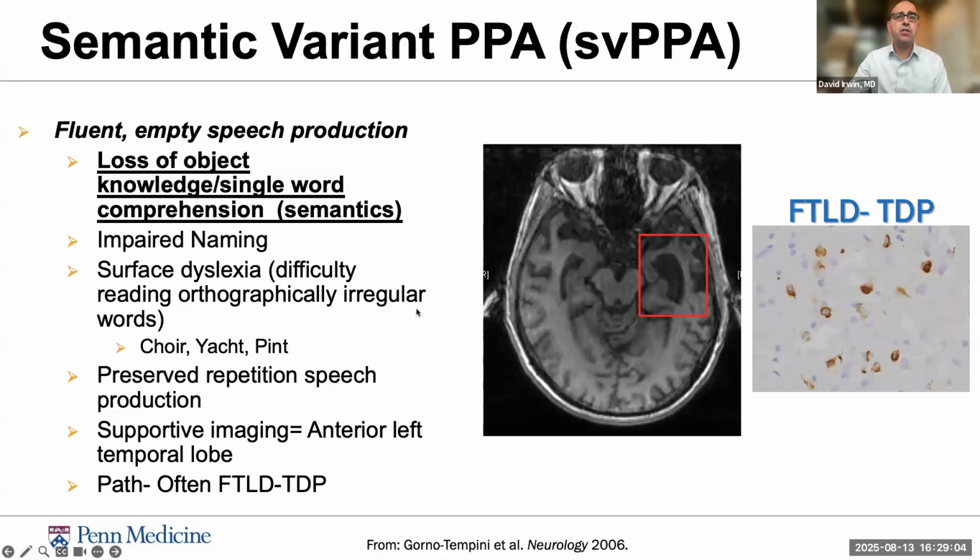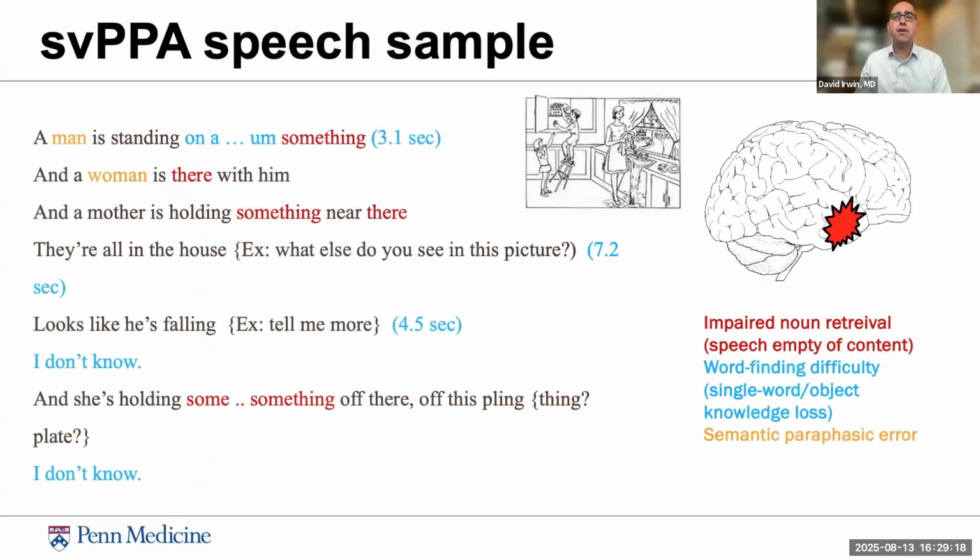There can be something called surface dyslexia, where orthographically irregular words like choir and yacht are read phonetically, such as chore or yacked. This is on one end of the spectrum of primary progressive aphasia.